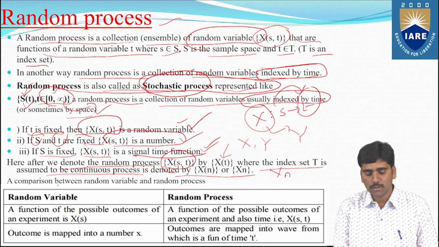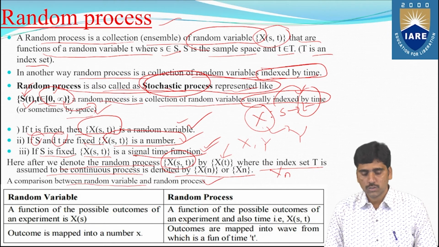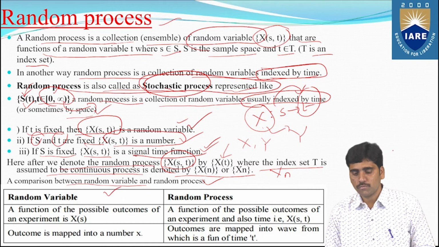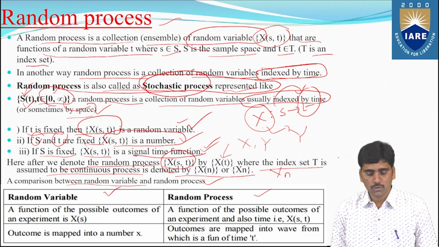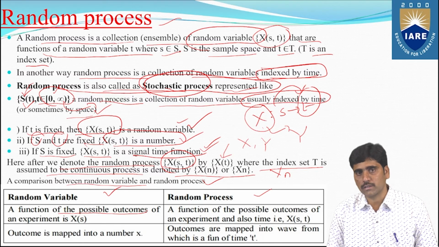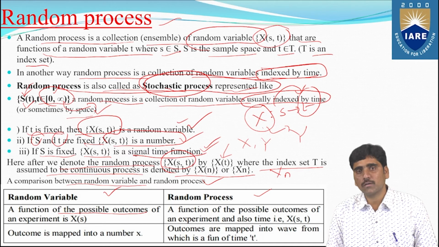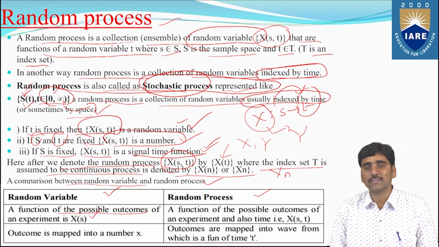So here is a comparison between a random variable and a random process. A random variable is nothing but a function of the possible outcomes of a random experiment. So you can indicate it as x of s.